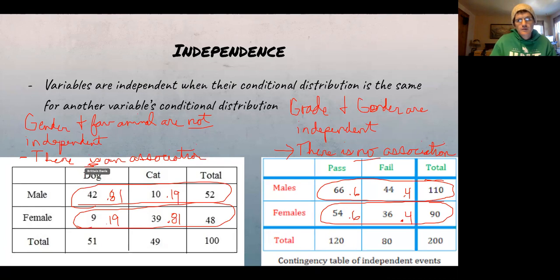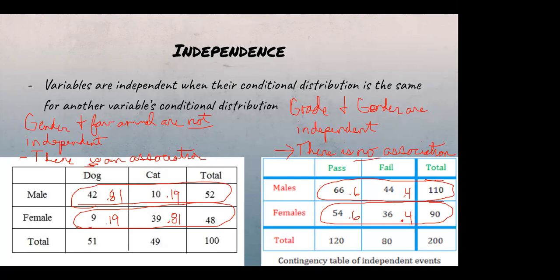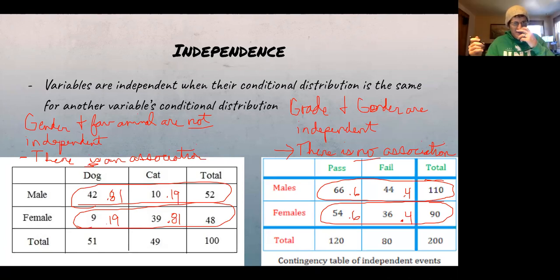Okay, is that making sense for right now? Yeah? Okay, good. One thing to keep in mind: at the end of the semester, one of the last things that we learn, we're going to figure out how we can mathematically determine if there's independence or not. But for right now, your basic strategy can be if they're within about 3%. Let's say I gave you a different conditional contingency table, and I'm just going to make up some numbers.